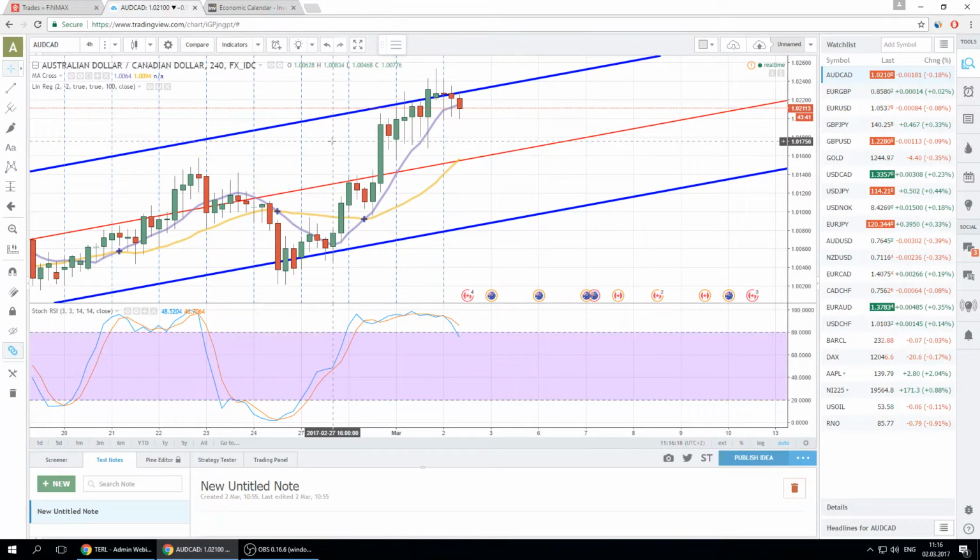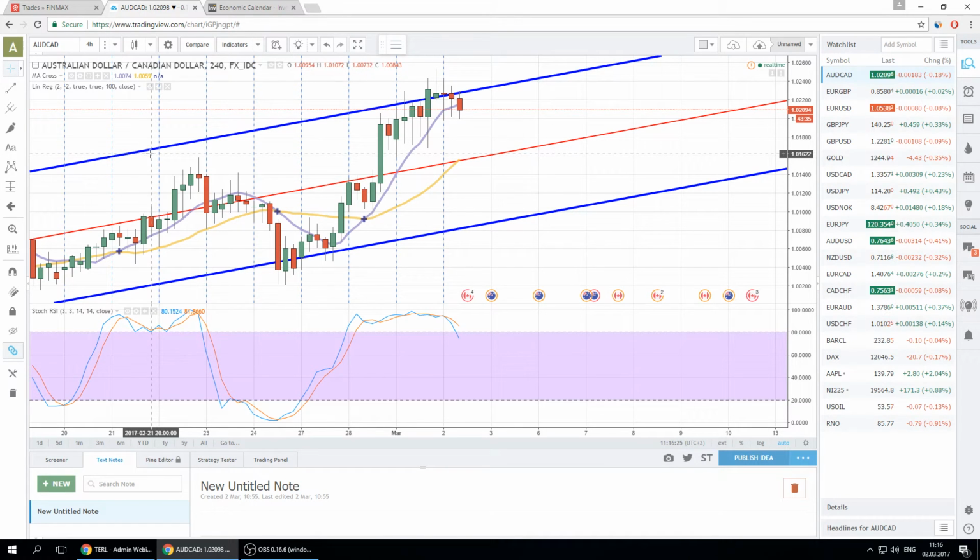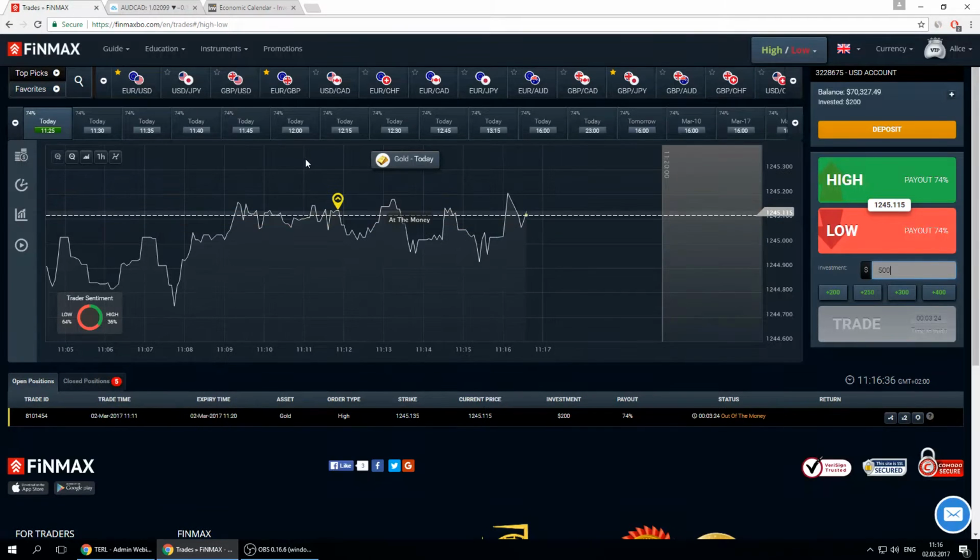Well, to my mind, we can enter this trade for Australian Canadian dollar for falling within the range of several hours, Australian to Canadian.